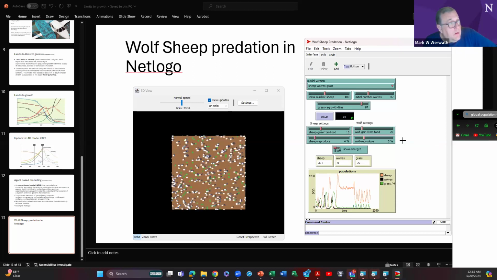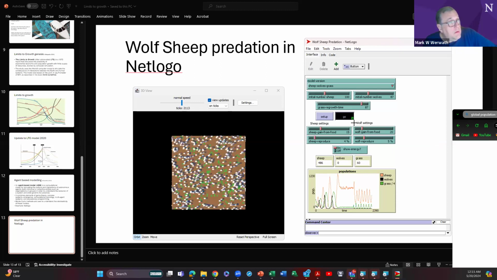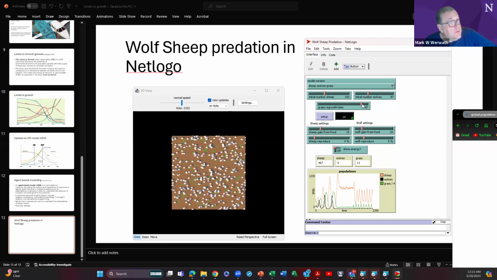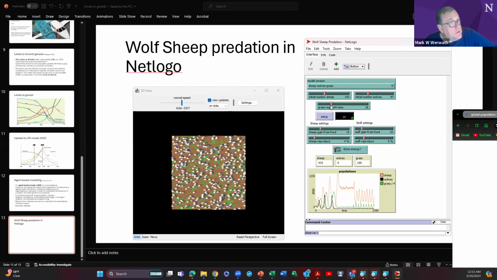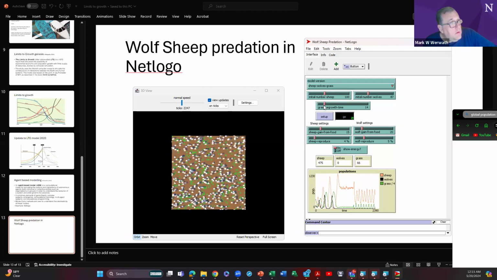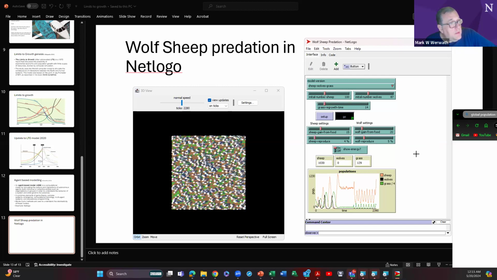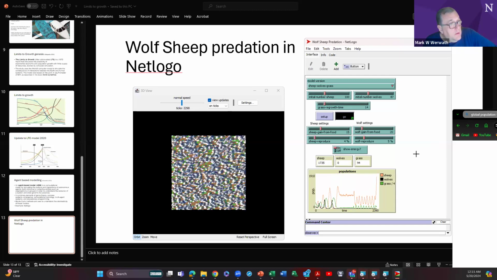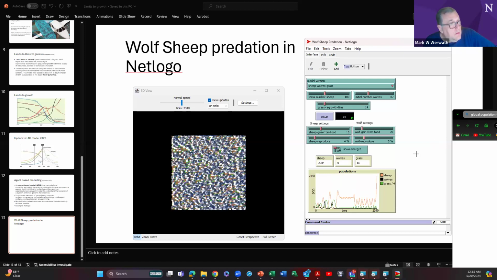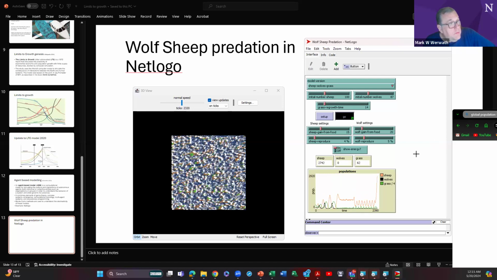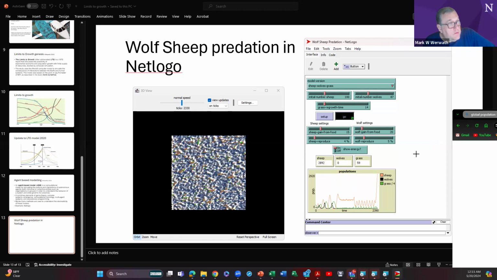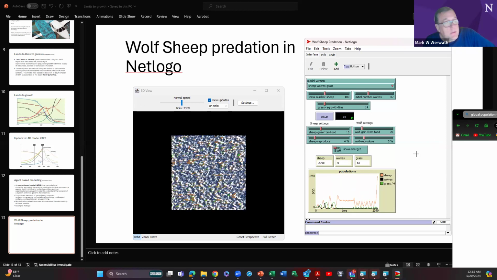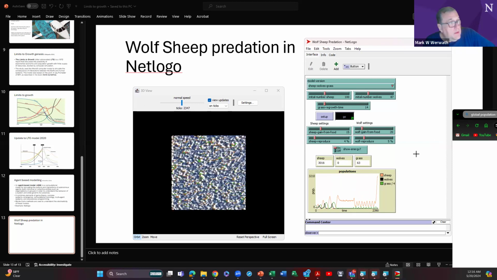So what if we shortened the grass regrowth time so it grows much, much faster? What happens almost immediately is that the sheep explode in value, right? We have no natural predators here. The wolves are gone. And they will hit a new steady state.